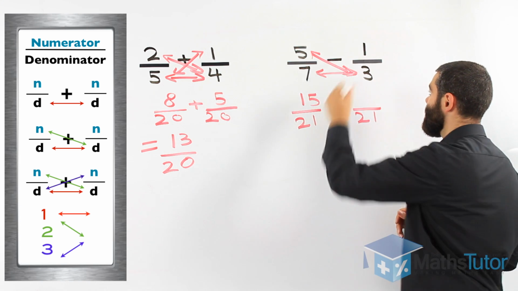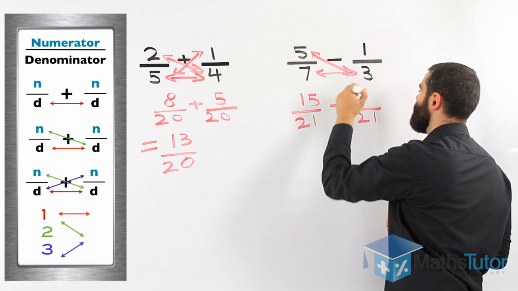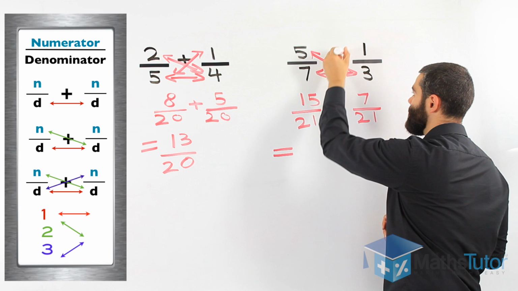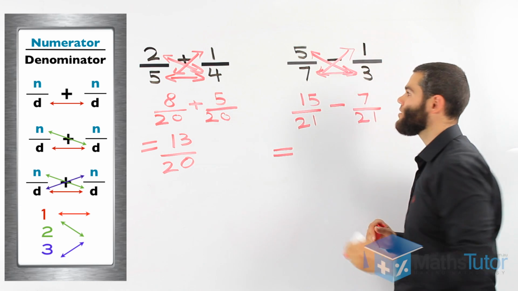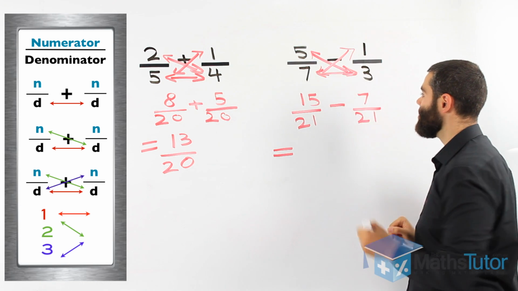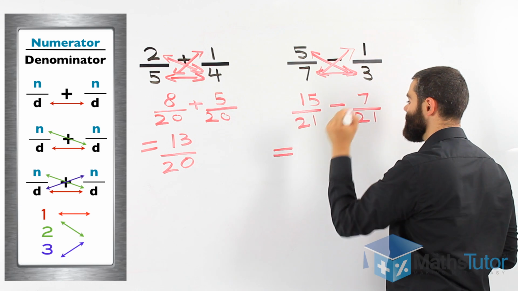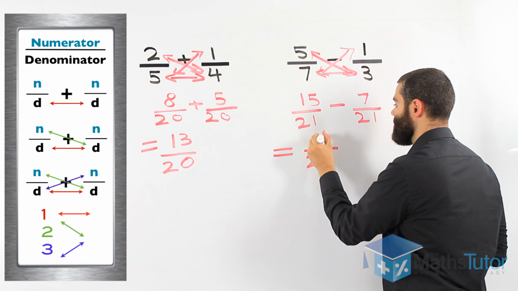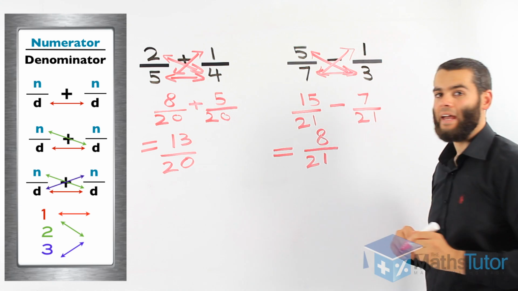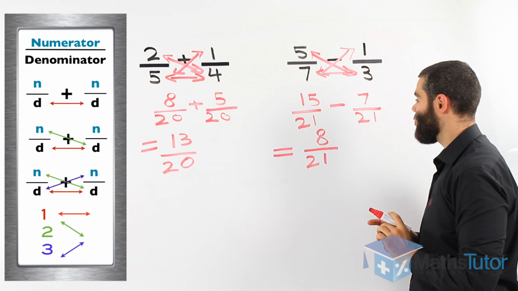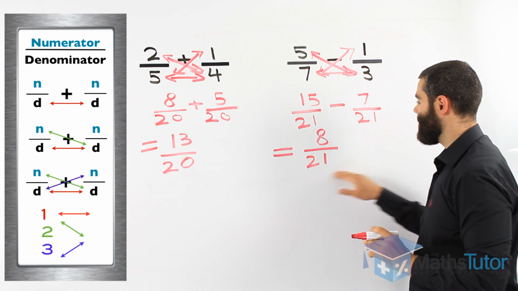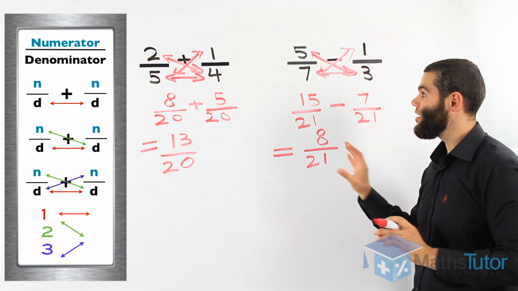And lastly, 1 times 7 is 7. We put our arrow just to show our working out. 15 take away 7, over 21. Our answer is 8 over 21. Can we simplify? Once again, there is no highest common factor. That's our final answer. It is as simple as that.